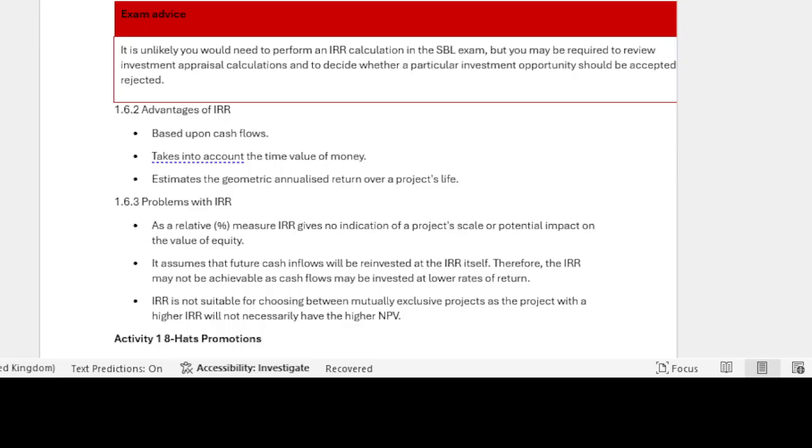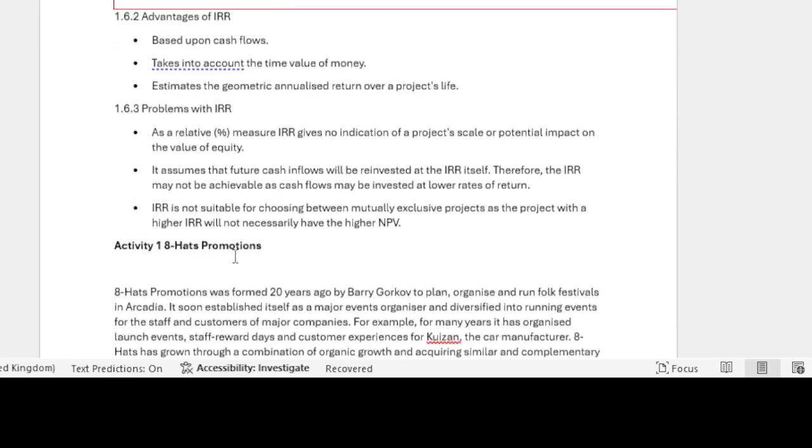Then it also doesn't give the potential impact on the value of equity as much as NPV. And then it's not suitable when you're choosing between mutually exclusive projects, as projects with a higher IRR will not necessarily have a higher NPV. So those are the different challenges that we may encounter when using IRR.